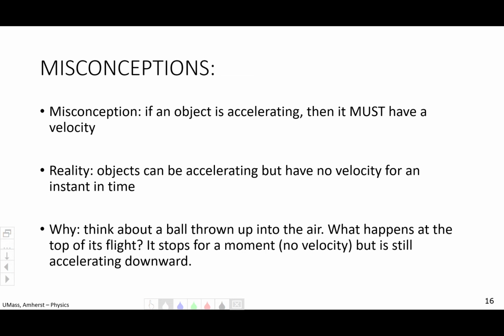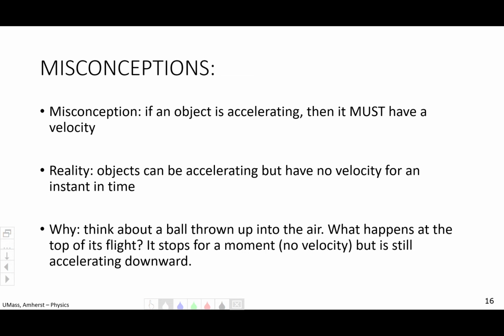All right. So this example we have done, and I'm going to describe it for you right now. Think about a ball thrown up into the air. What happens at the top of its flight? So when you throw a ball straight up, at the top, the highest point that it reaches, it stops for a moment, meaning it has no velocity, but it's still accelerating downward because it's changing direction at that instant in time.